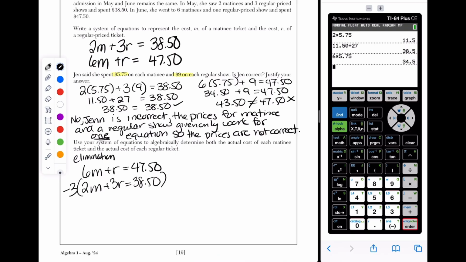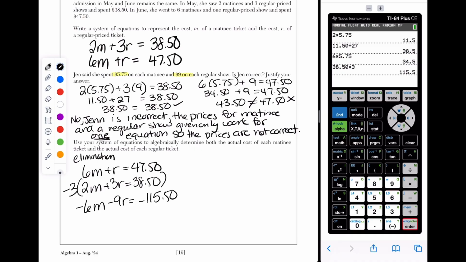So I'm going to end up with -6m minus 9r is equal to 38.50 times 3, $115.50.